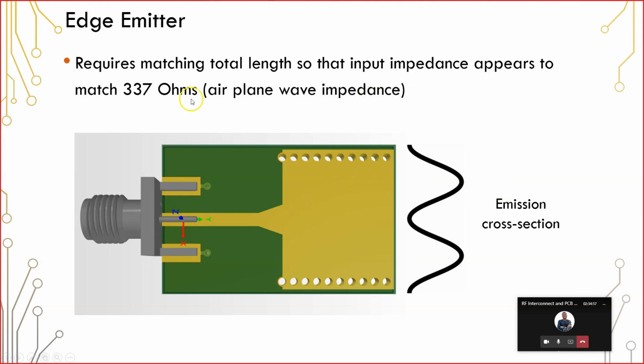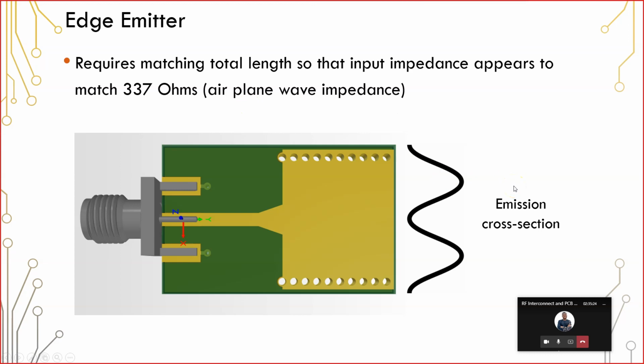And the level of transmission, or the amount of power that this emits, is going to depend on the impedance matching to 337 ohms. So this is a situation where you actually do need to know the characteristic impedance of this particular structure. So this particular structure will have some characteristic impedance, and it needs to then be matched to 337 ohms.